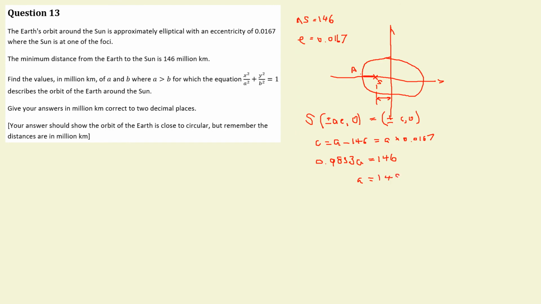148.479. So it does say to 2 decimal places, doesn't it, in the question? 148.48. And now we've got A. Well, we can go around and we can get B, because for an ellipse, B squared is A squared minus C squared.